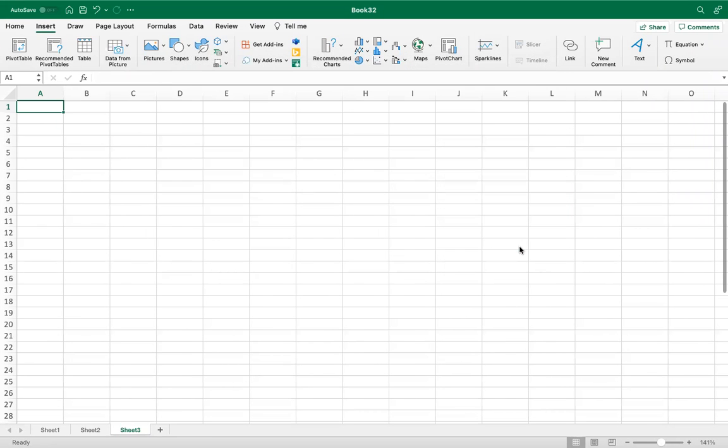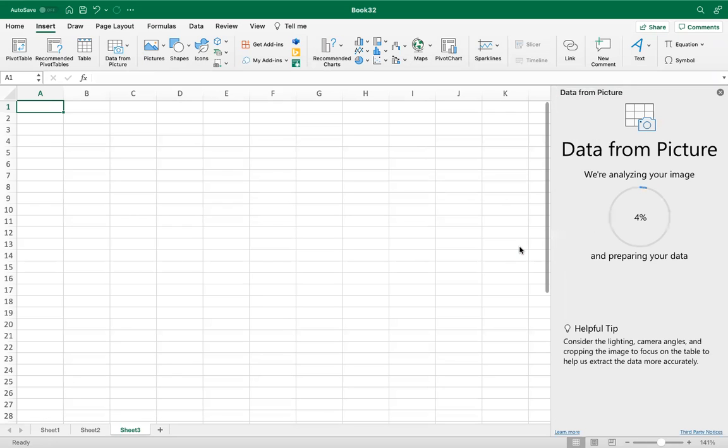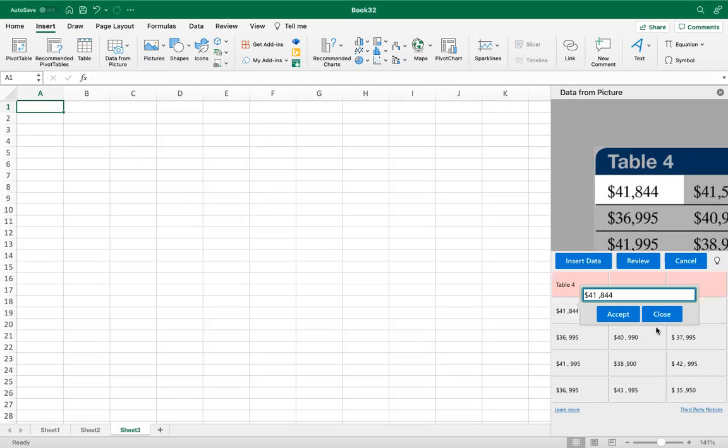Much better, found it. And it looks like there's a couple mistakes here, so I'll do this off camera and I'll come back.